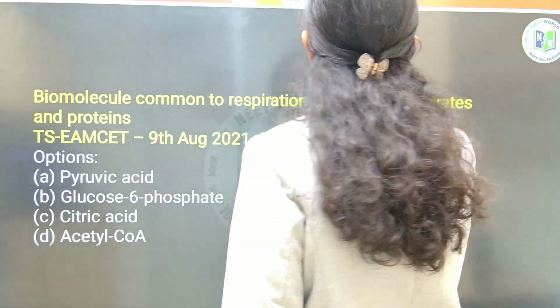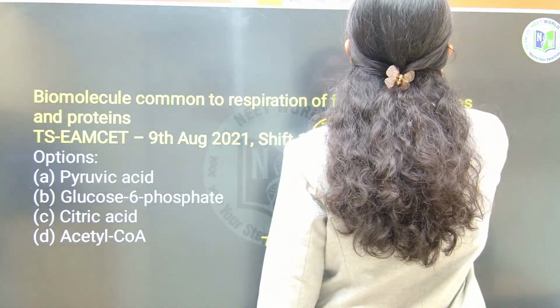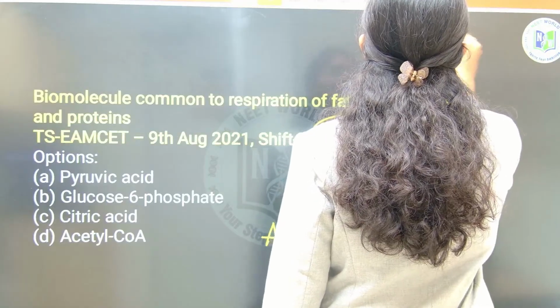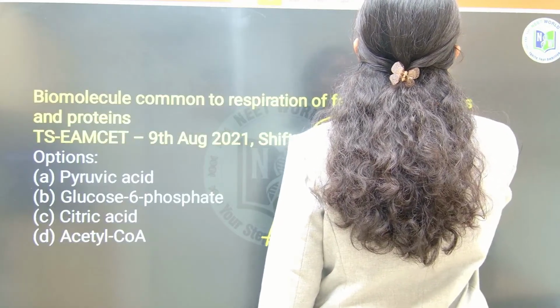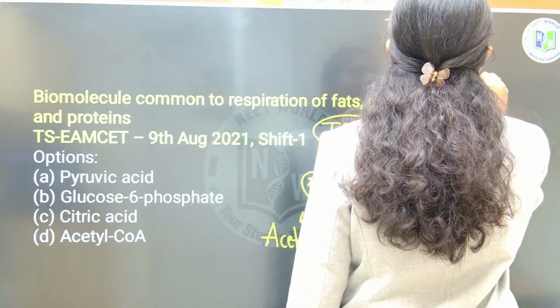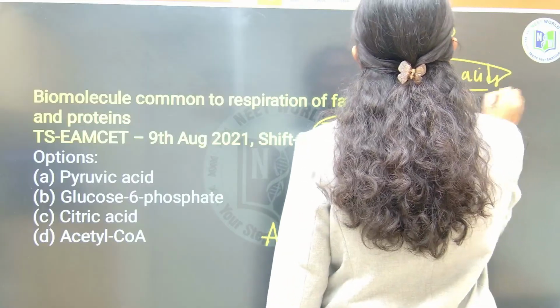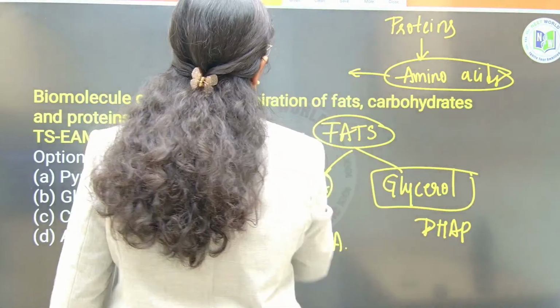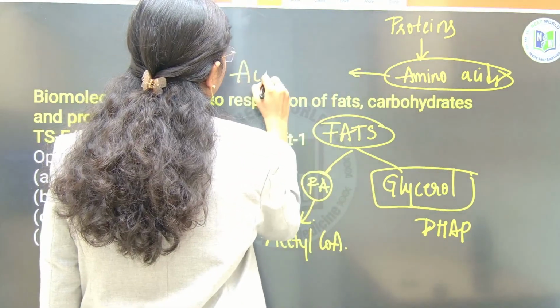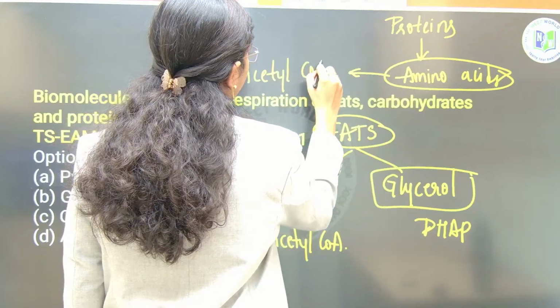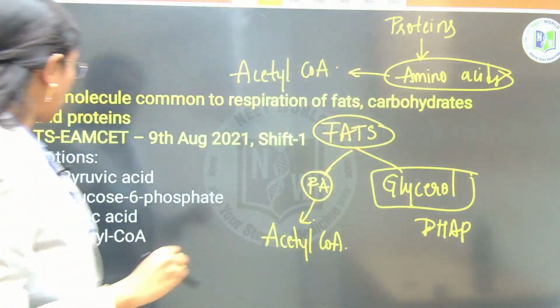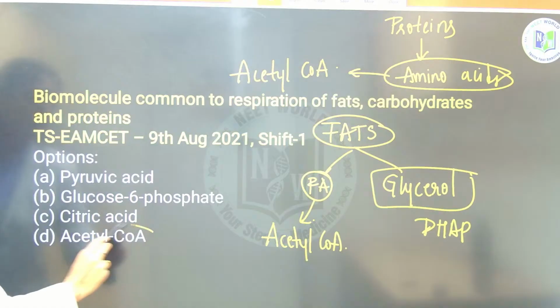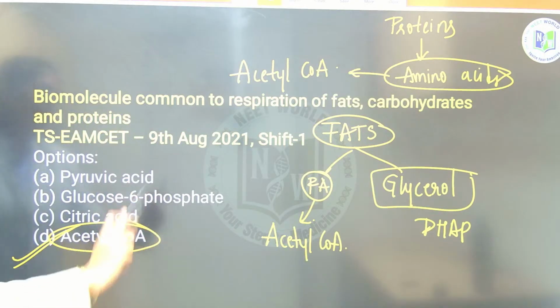Next is proteins. Proteins get deaminated to amino acids. These amino acids enter the respiratory pathway through acetyl-CoA. Fine, right now. So here the common respiratory intermediate will be acetyl-CoA.